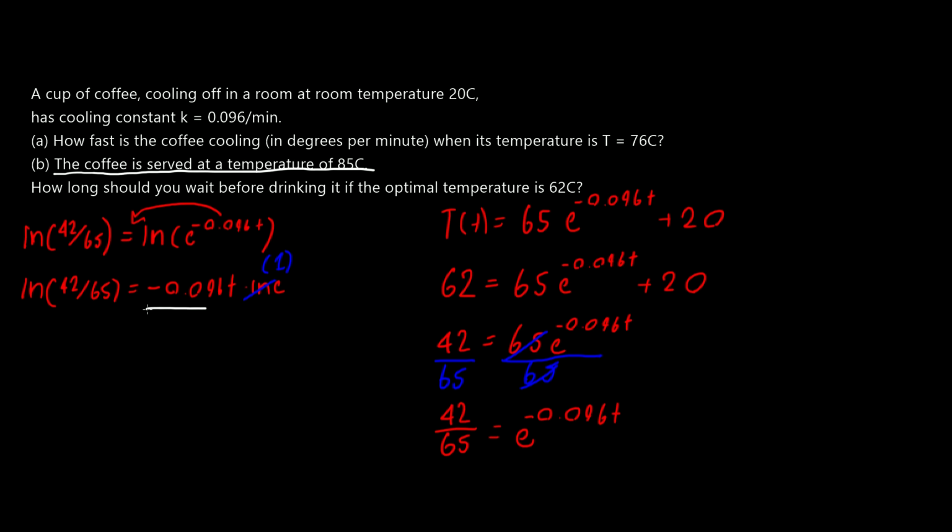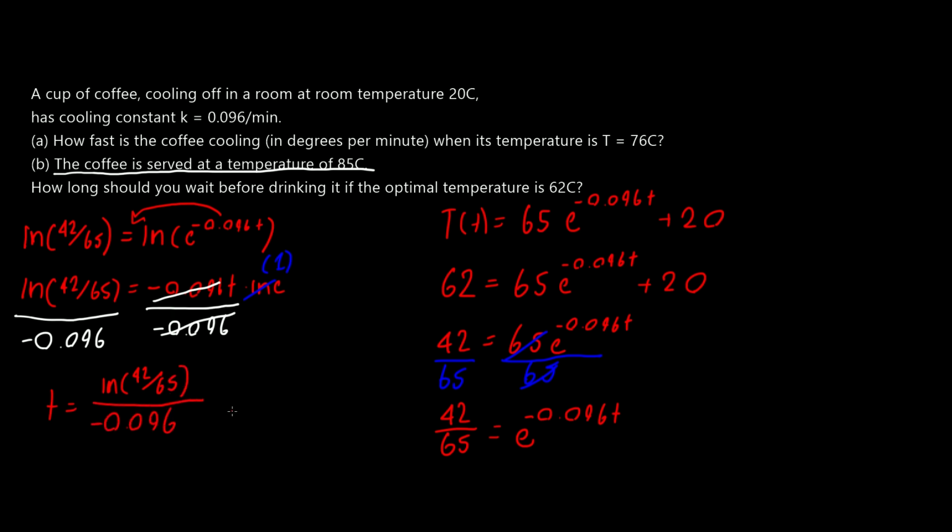So from here you can divide both sides by negative 0.096 and then do the same on this side, and you will see that we will cancel out the number, and then our t will equal the natural log of 42 over 65 divided by negative 0.096.